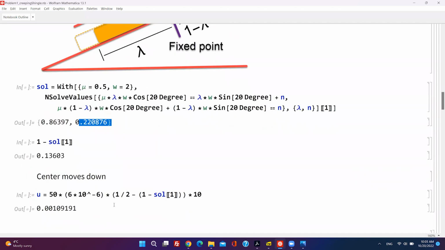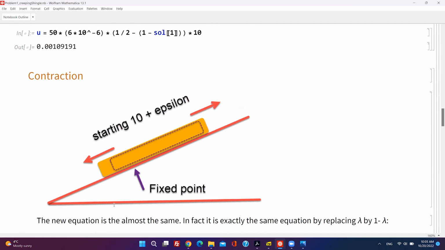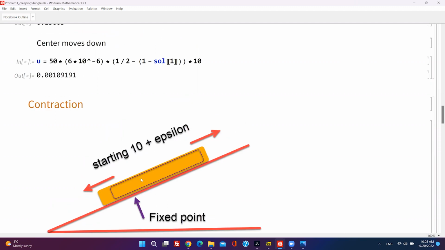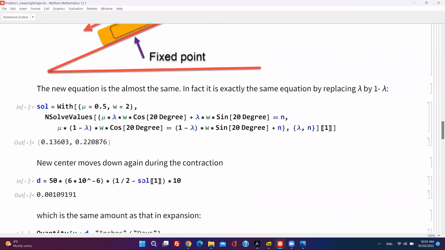On the other side is the contraction process. Everything is just the reverse of the expansion process. You can again compute the location of the fixed point in this process. It happens that if the parameters are the same, the two equations differ only by replacing lambda with 1 minus lambda.